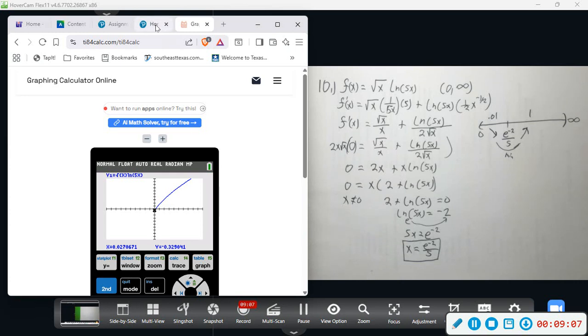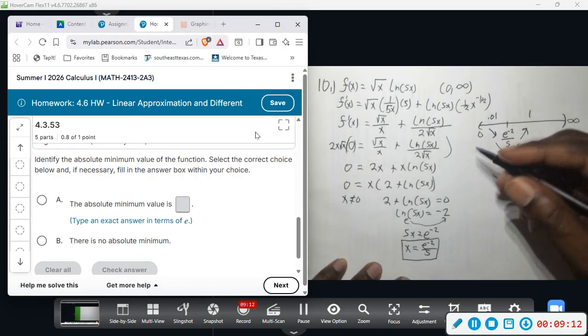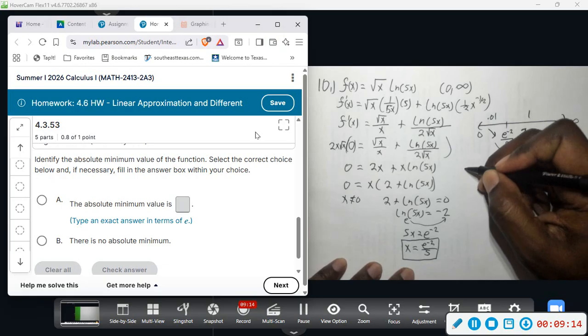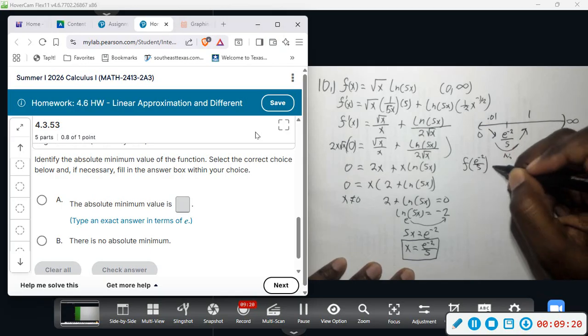All right, so it's something really small, but we're going to plug this into the function and get the exact answer. So we're going to do f of e negative second divided by 5.